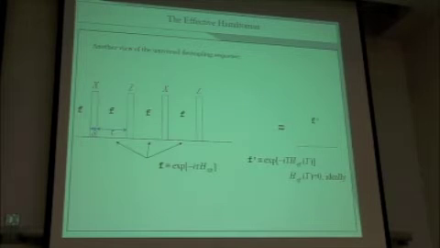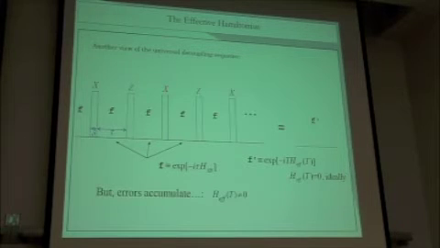Let's say I could somehow cancel all the orders of the Magnus expansion. Well, in real life, that doesn't happen. In real life, I have some accumulation of errors. So the effective Hamiltonian is not going to be zero. It's going to be non-zero because of the higher orders in tau.